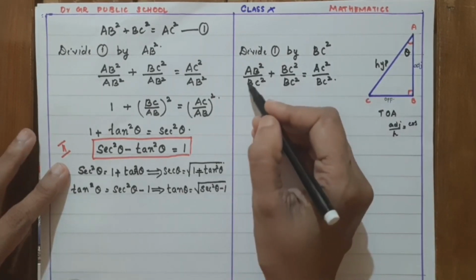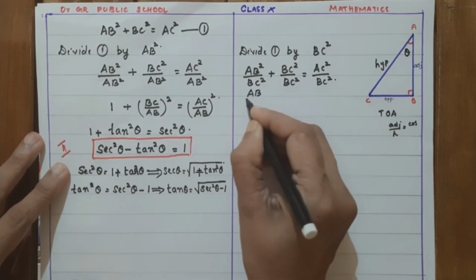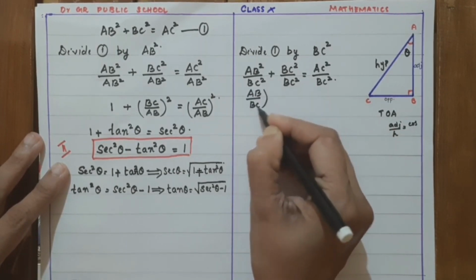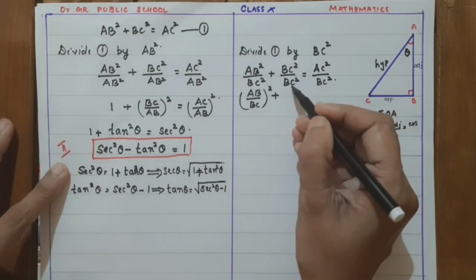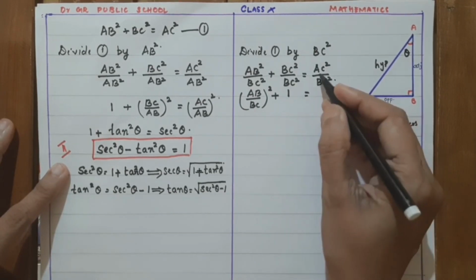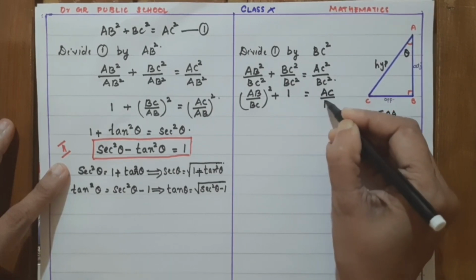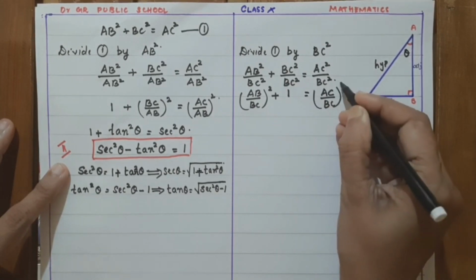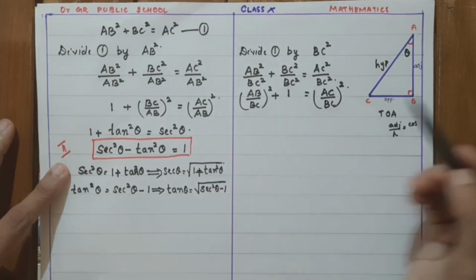Now, AB square by BC square can be written as AB by BC the whole square, plus what is BC square by BC square? 1, equal to AC square by BC square, which can be written as AC by BC the whole square.